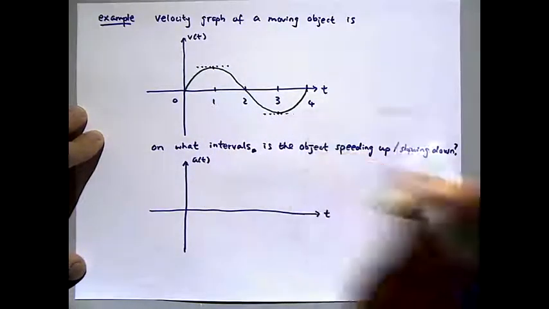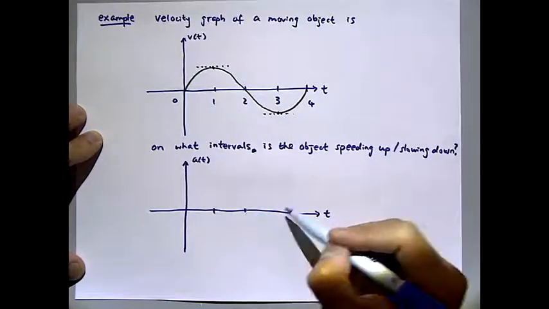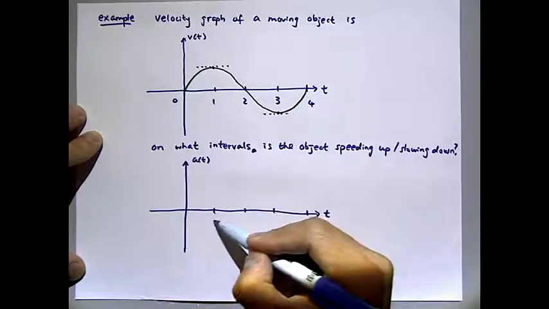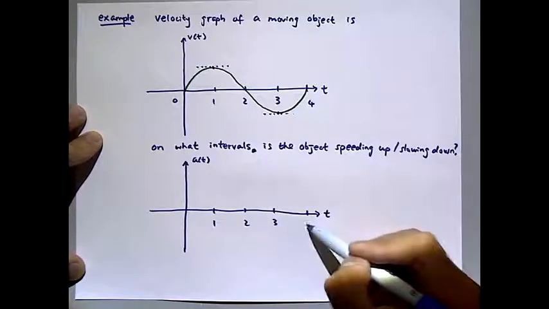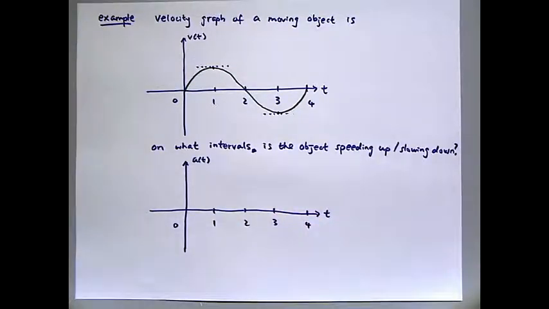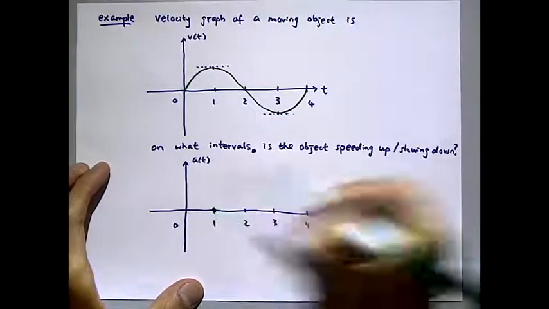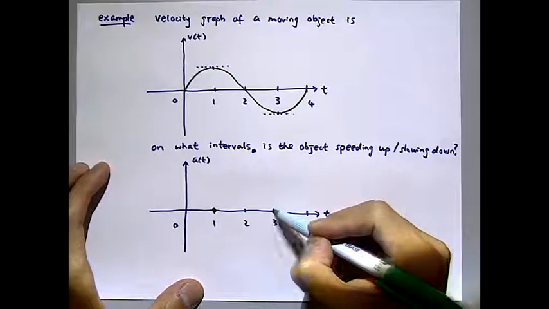And we see that happens at t is equal to 1, and t is equal to 3. Okay, so it's going to be right here and right here.